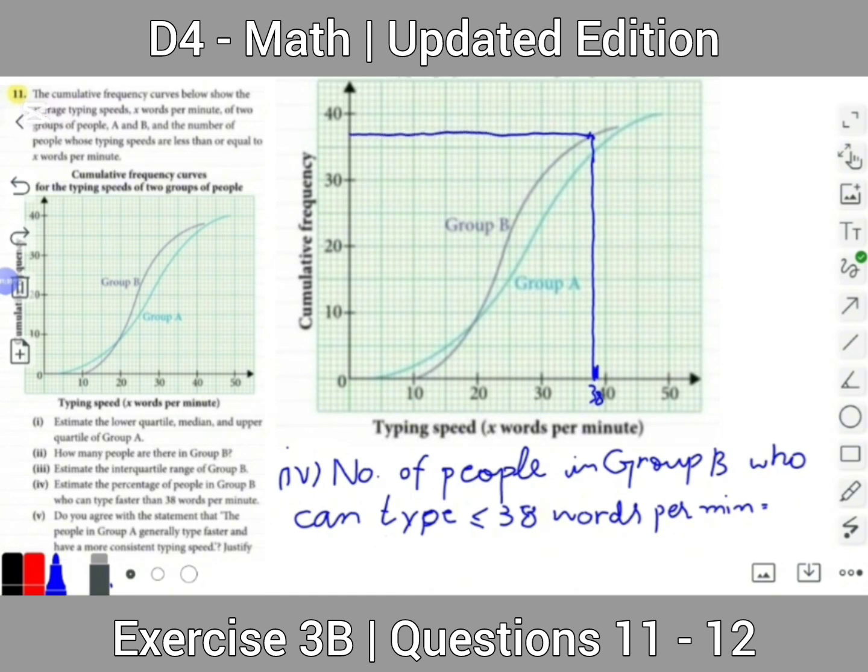So here we have the value approximately 37. So the number of people in group B who can type less than or equal to 38 words per minute is equal to 37.